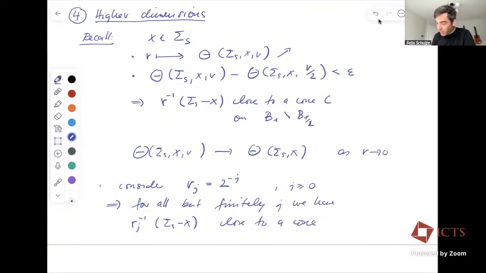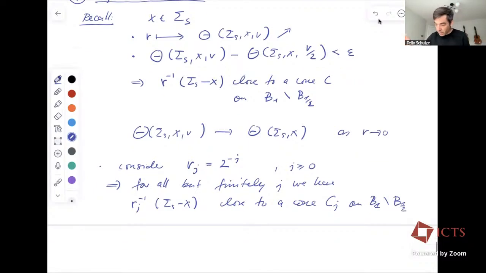The cone might depend on j. Let's call it C_j on B_1 without B_{1/2}. So this means as we zoom in, we see all these models of minimal cones which start modeling the singularity.